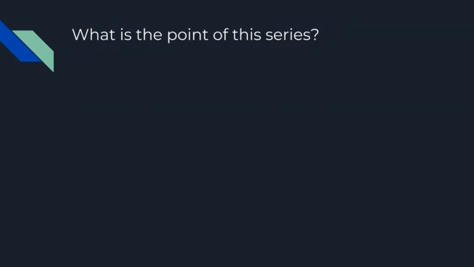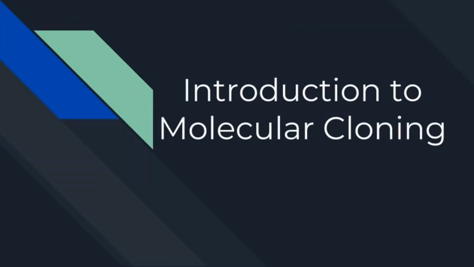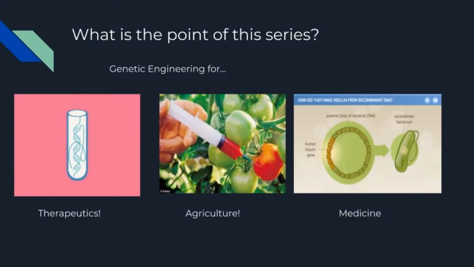So, what exactly is the point of this series? This series will mainly focus on molecular cloning, which is a major tool in biology research, especially in the last decade. It includes things such as gene editing, manipulation of bacteria, basically genetic engineering, which is helpful in therapeutics and agriculture.